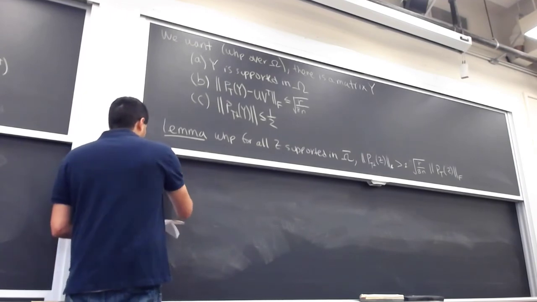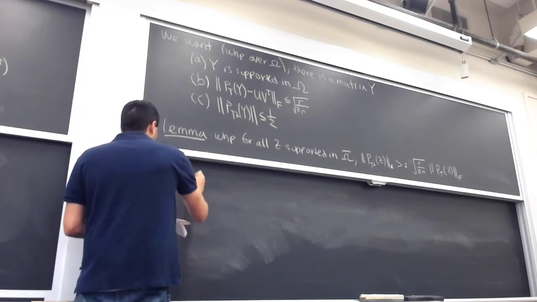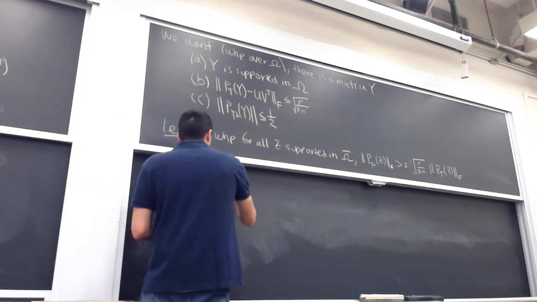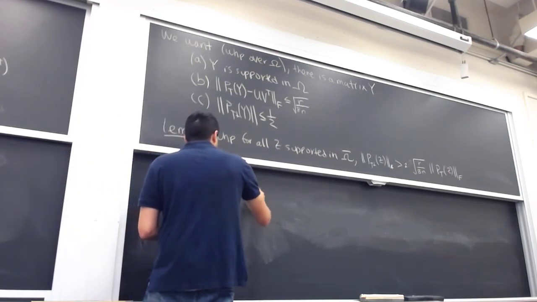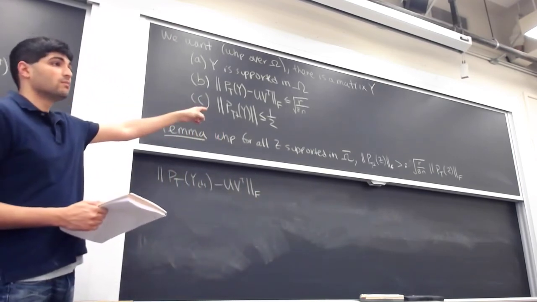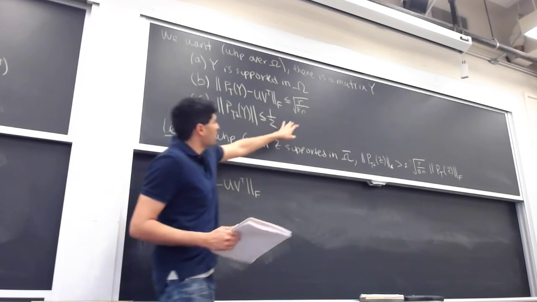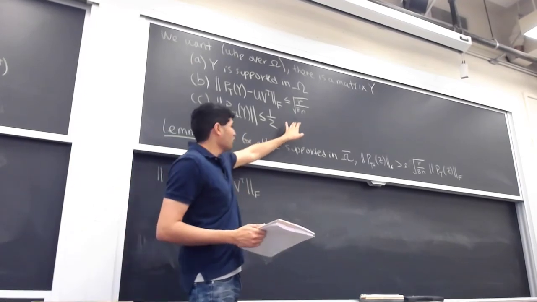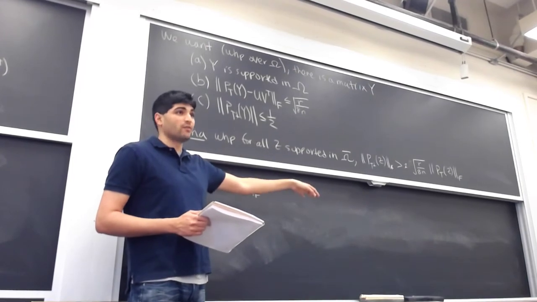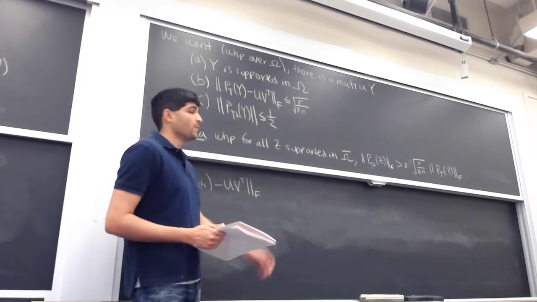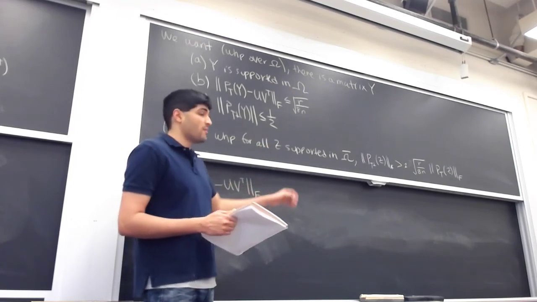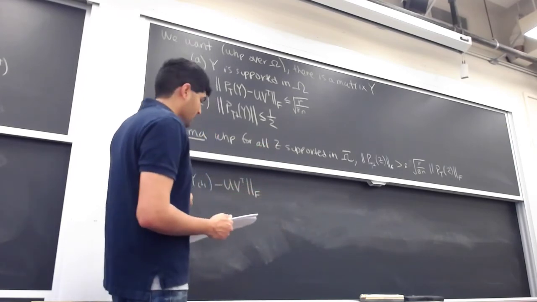Let's look at the Frobenius norm of PT of y_{i+1} minus UV transpose. That's property B. That's the hard one to get right, because we want it to be small. The other thing, we just don't want too much of its mass to go outside of that. We've already satisfied property A. So I'll explain why C happens too, but B is really the heart of the matter. So we care about this guy.